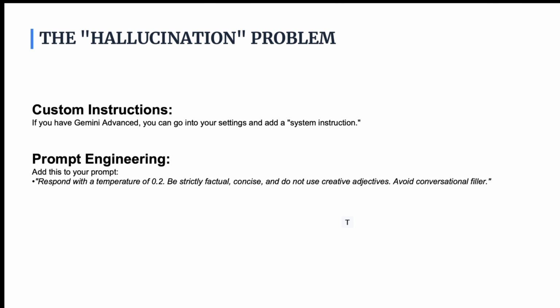Okay. For the hallucination problem, you can either provide a custom instruction that will be set for your whole working, but in that case, if you are not working in the research area and you need simple information, this is not the right thing to do. If you are using your AI just for research purposes, you can use the custom instruction tab.